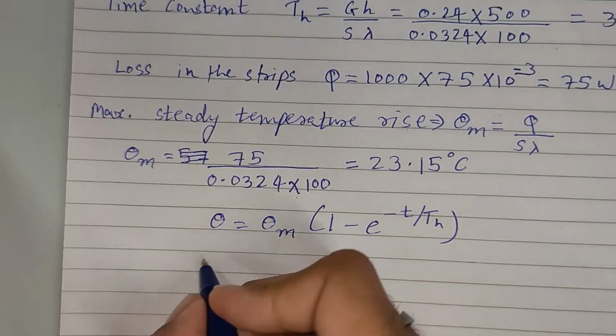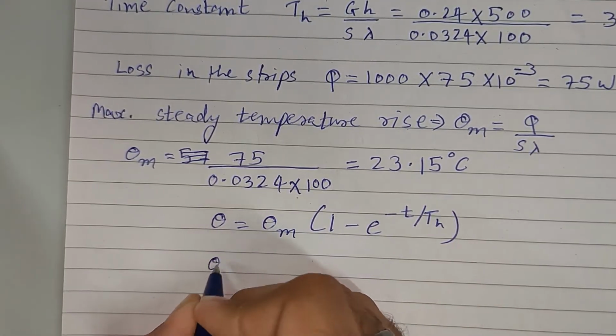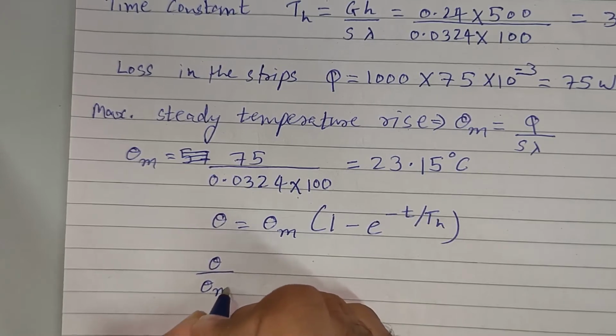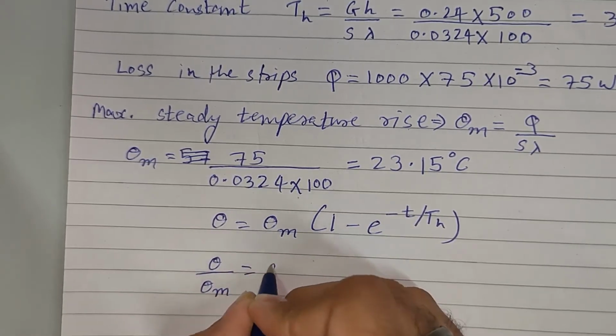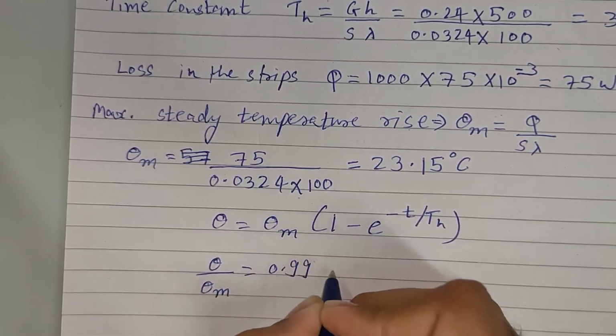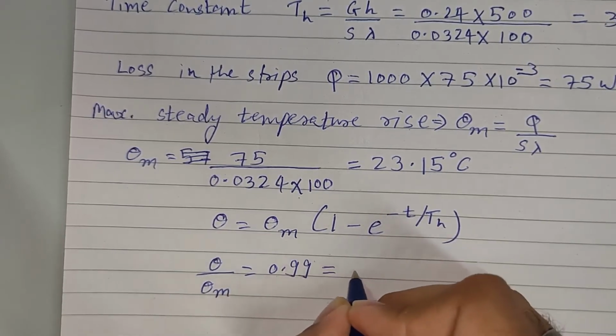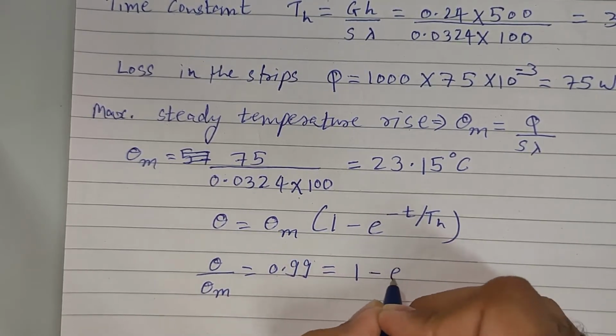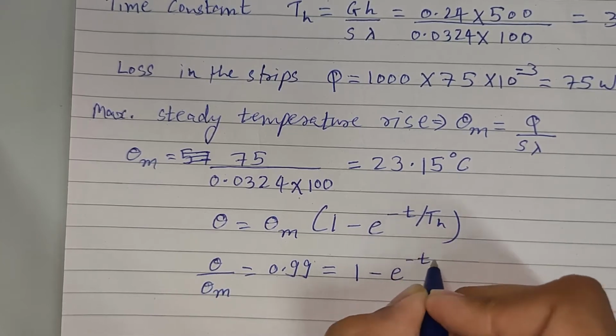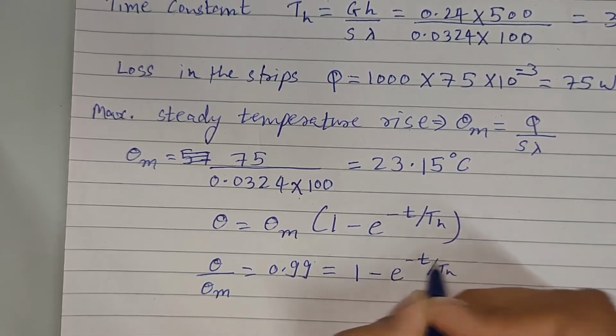So from this we can take theta upon theta m, which is equal to 0.99, is equal to 1 minus e raised to minus t upon th.